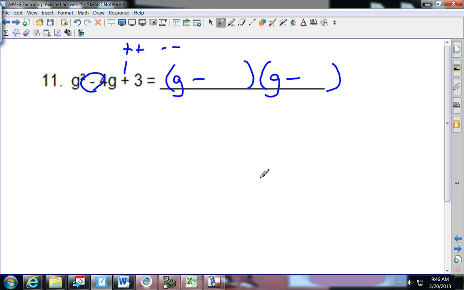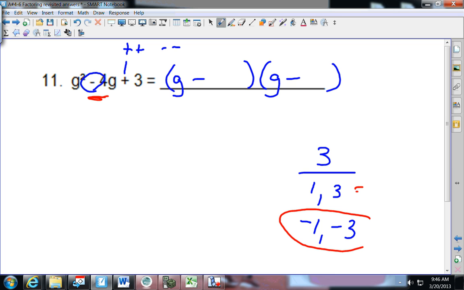What are the factors of 3? 1 and 3, and negative 1 and negative 3. Do either of those factors add up to negative 4? Yeah, these add up to negative 4. So I have negative 1 and negative 3.